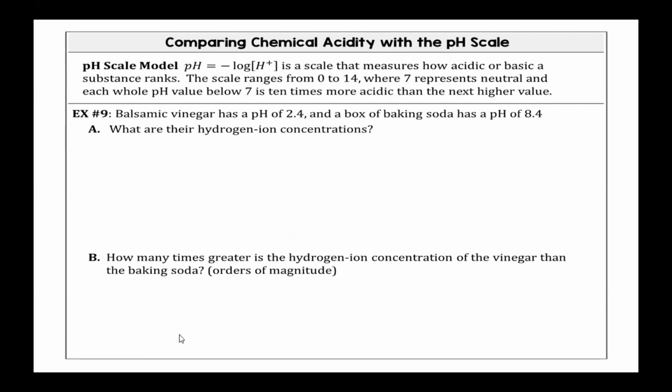Here we have our pH scale model. So pH equals negative log of H plus, the hydrogen ion concentration. It's a scale that measures how acidic or basic a substance ranks. The scale ranges from 0 to 14, where 7 represents neutral, and each full pH value below 7 is 10 times more acidic than the next higher value.